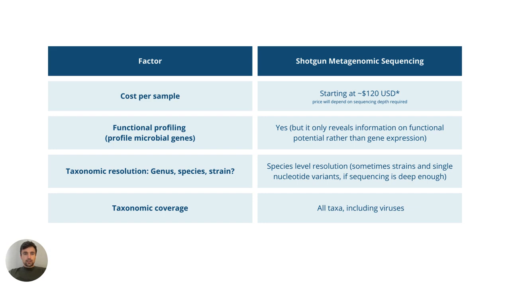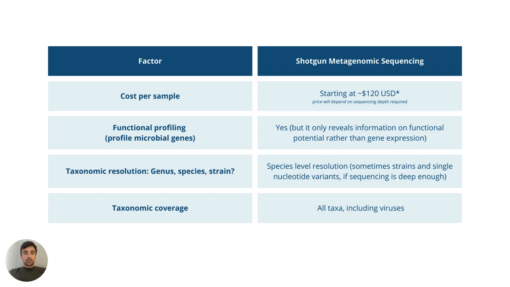The first consideration is cost. Prices start at around $120 per sample, though this can vary widely depending on the depth of sequencing required. More sequencing depth gives you more information about different microbial strains or even single nucleotide variations in genes. Greater depth, however, means greater cost, but depth isn't always necessary for all applications.